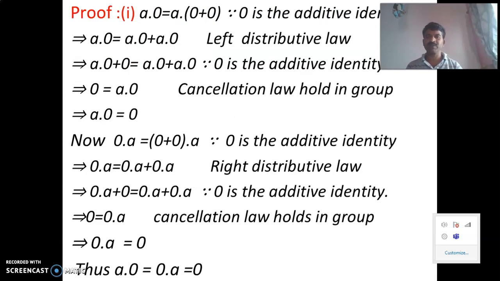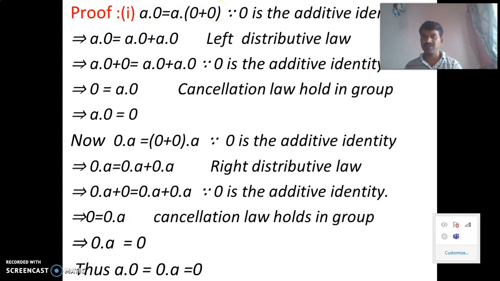The first identity we shall prove by taking A dot 0 as A dot of 0 plus 0, since 0 is an additive identity. Just by taking 0 plus 0 here, there is no difference at all.